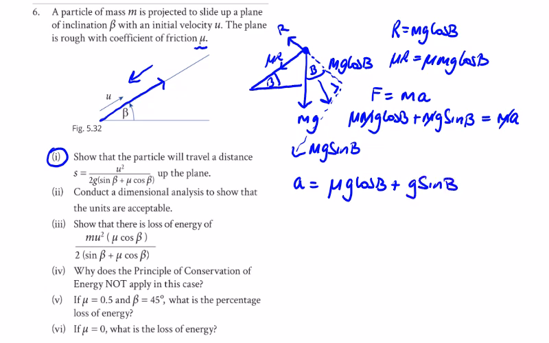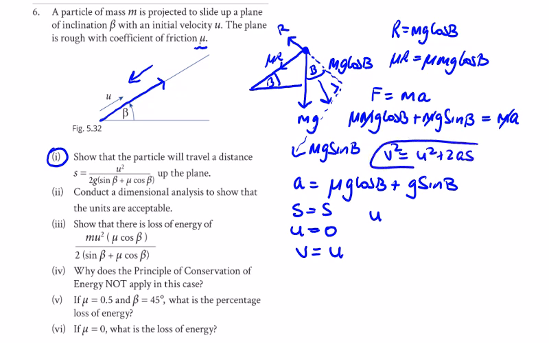So we're looking for distance, S. I know it's projected up initially with u, but let's say that it starts from rest, obviously, so V is equal to u. V squared is equal to u squared plus 2as is the information we need here.